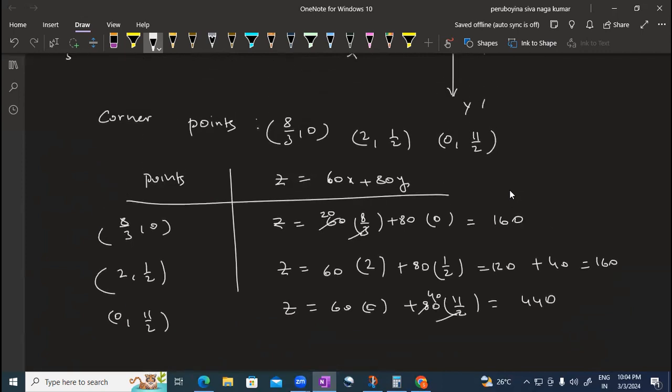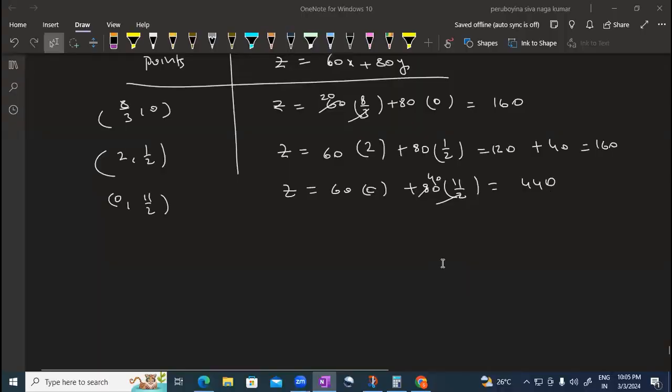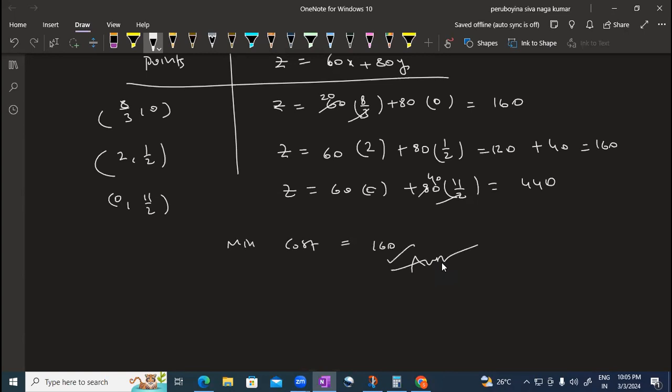So the minimum cost will happen at two places, 2 comma 1 by 2 and 8 by 3 comma 0. We were asked to calculate the minimum cost, so write down: minimum cost is equal to 160 rupees, which is the answer of this question.